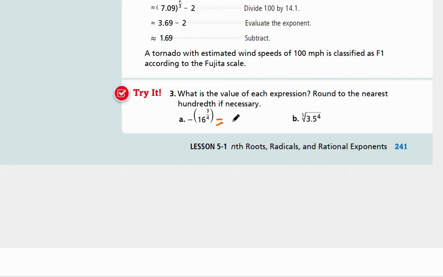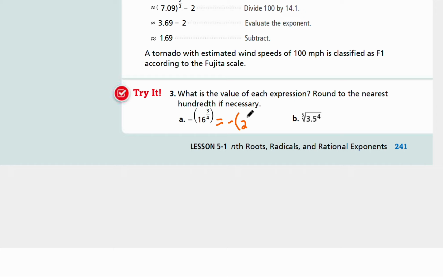So 2 to the power of 4, because 2 to the power of 3 is 8, and then times 2 would be 16. So 2 to the power of 4 is 16, or you can do 4 to the power of 2, right? So either way. But since your denominator is equal to 4, just rewrite it with the base of 2.